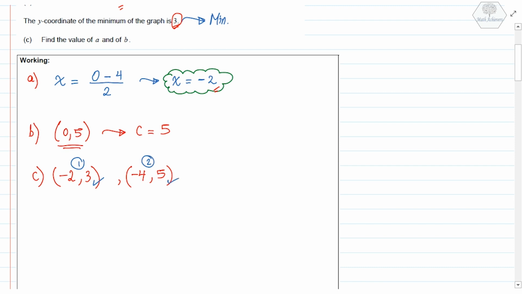Let's form our first equation. This means when the value of x is equal to minus 2, the value of y is equal to 3. So 3 is equal to a times minus 2 squared plus b times minus 2 plus the value of c, which is 5.